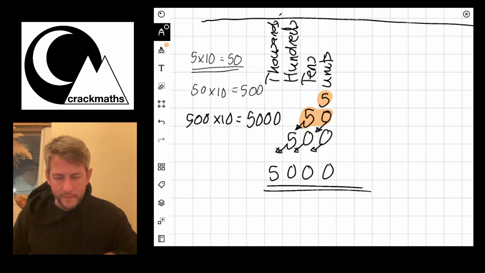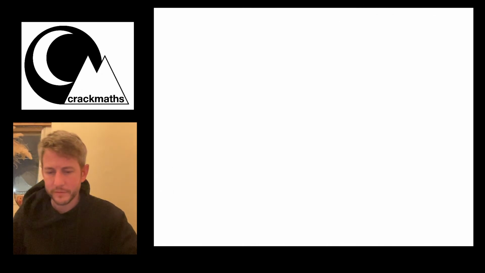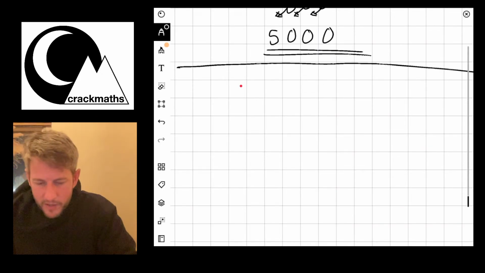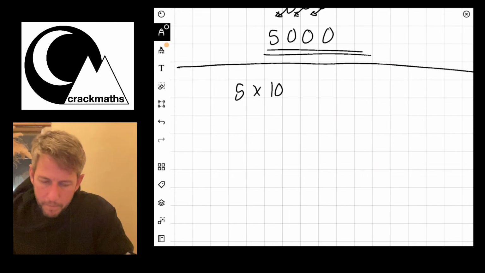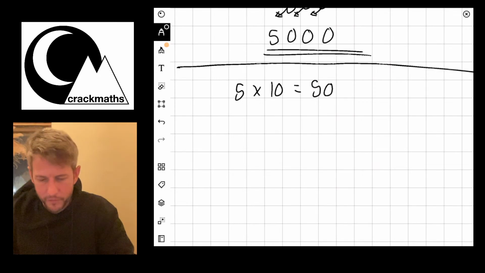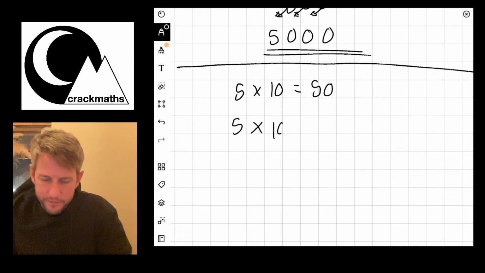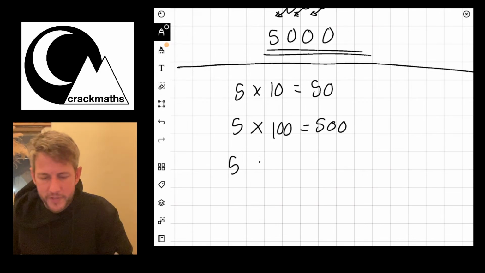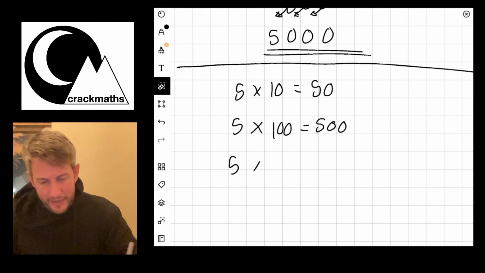Now, if I take these calculations, I want to see if we can spot a pattern. So 5 times 10 equals 50. 5 times 100 equals 500. Oh, no. That's not what I meant to do.